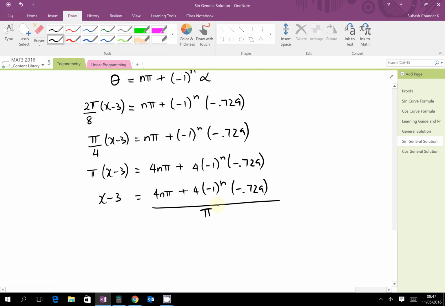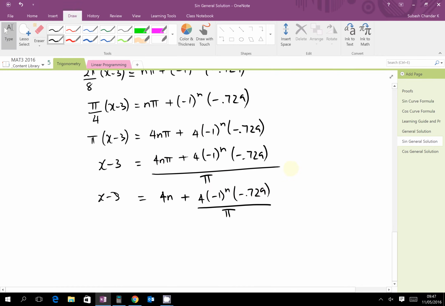Just be patient. Simplify this, guys. So you're going to have x minus 3 equals 4n plus 4 negative 1 n divided by pi. And finally, just moving the 3, it'll become 4n plus 3.